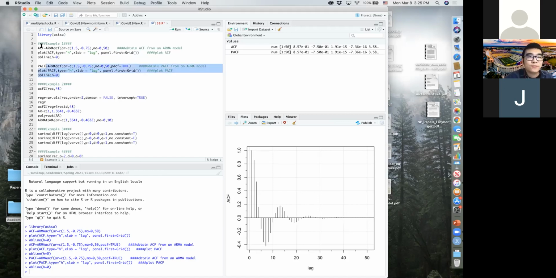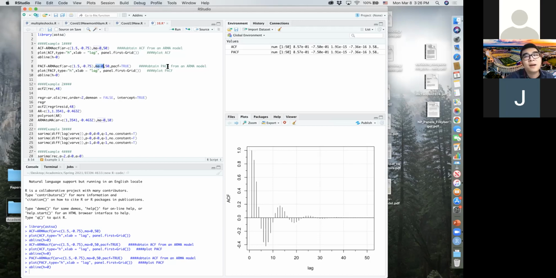Here I only consider the AR(2) model, and maybe after class you can try to consider an MA model or an ARMA model. For the MA model, you will find exactly the same results as our table: the ACF cuts off at order q, but the PACF does not have a cutoff point and decreases to 0.